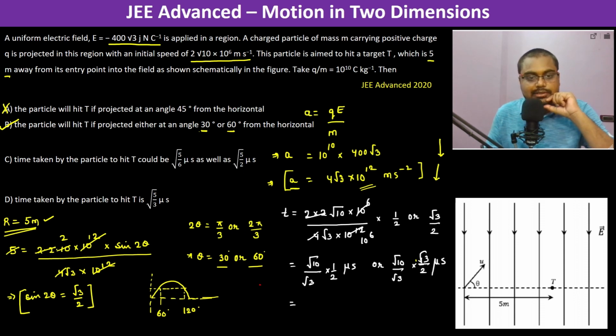So what is it? So this becomes, this is 2, so this 5 and this becomes root 2, so therefore root 5 by 6 mu seconds, or this is gone, this is root and this is 5, so this is root 5 by 2 mu seconds.